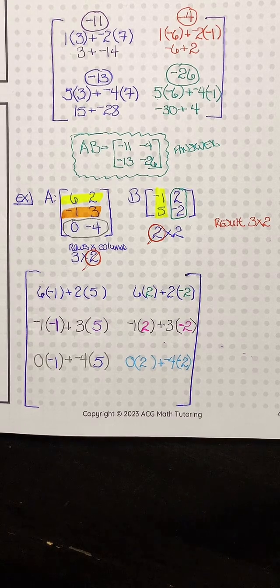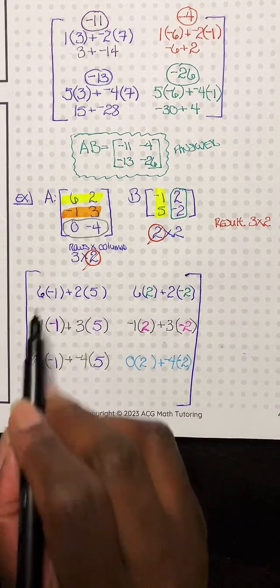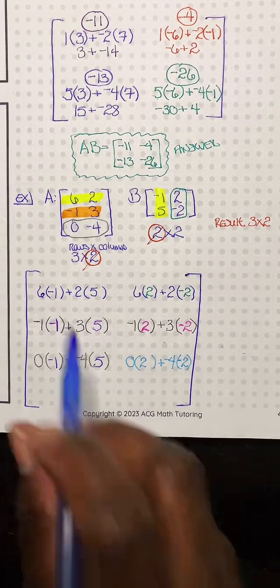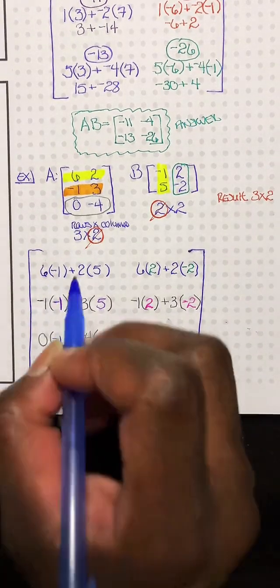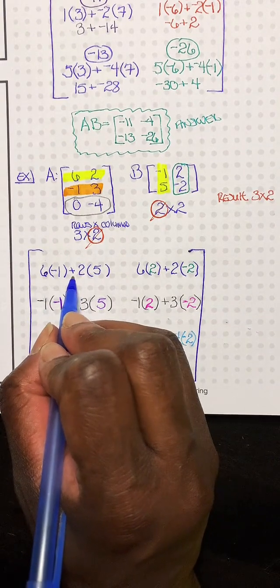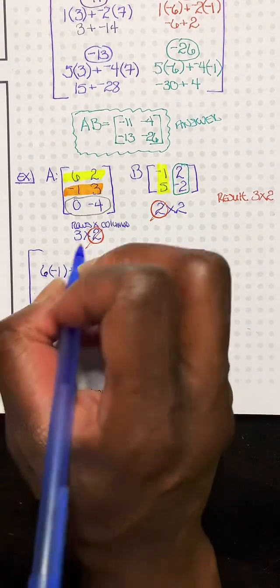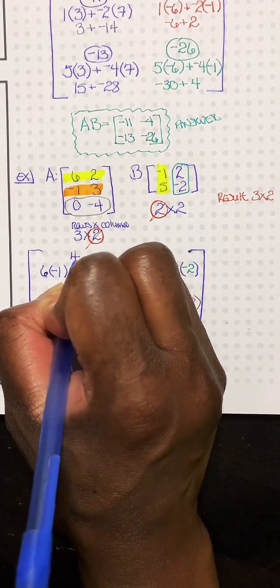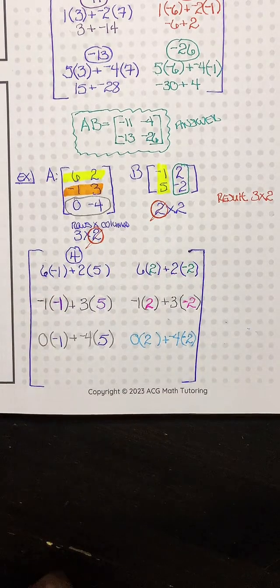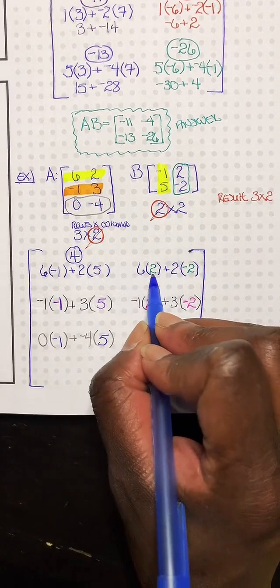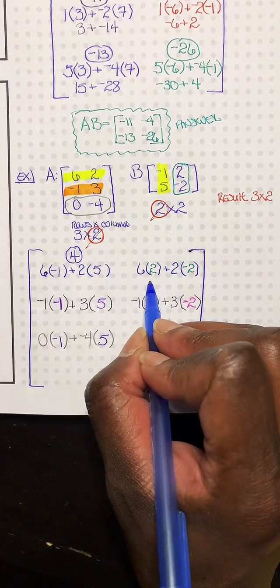All right. So, here we go. 6 times -1 gives me a -6. -6 plus 10 will give us our 4. Sorry, I just want to turn this down a hair. All right, 6 times 2 gives me 12.